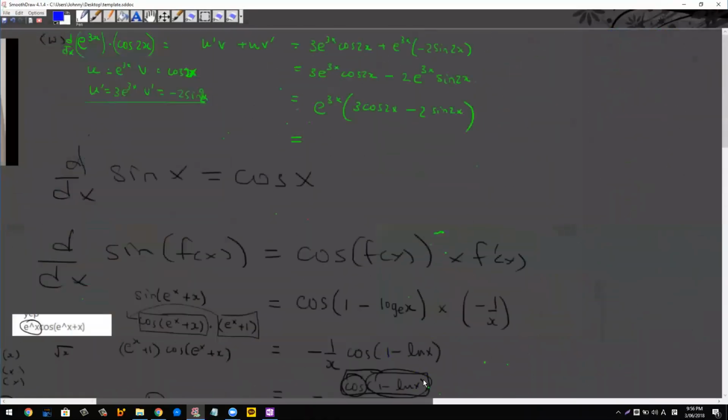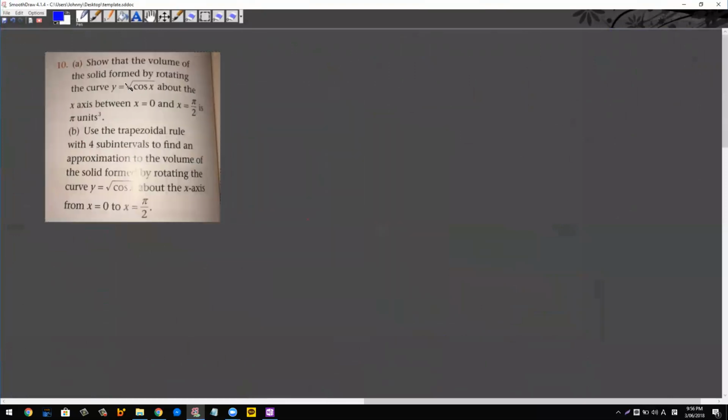Okay, so show that the volume of the solid formed by rotating this curve about the x-axis between this and this is pi. That's an area enclosed by the x-axis question. So all you have to do is integrate. It's actually volume, so it's not area. Whatever this function is, you are rotating it.